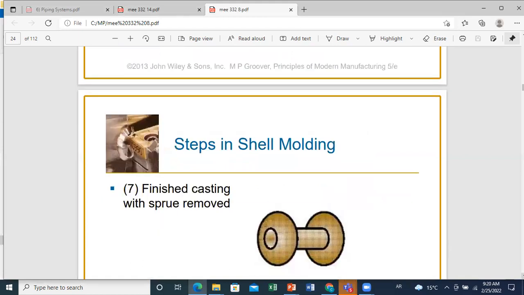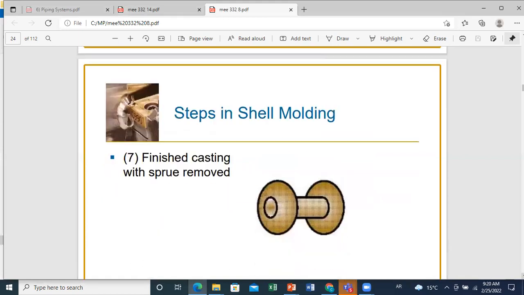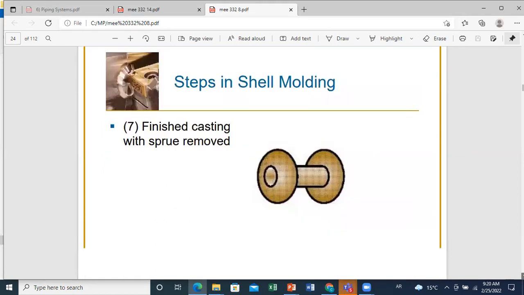So, for example, here, this is a finished casting produced by shell molding. And as you can see, in general, you have a symmetrical profile. You can easily have it by shell molding. All you have to do is to design these two parts separately, and then you assemble them to make your cavity, and in this technique you will use shell molding to produce your mold.